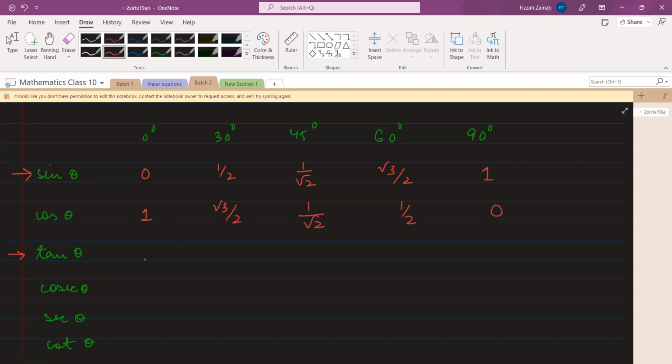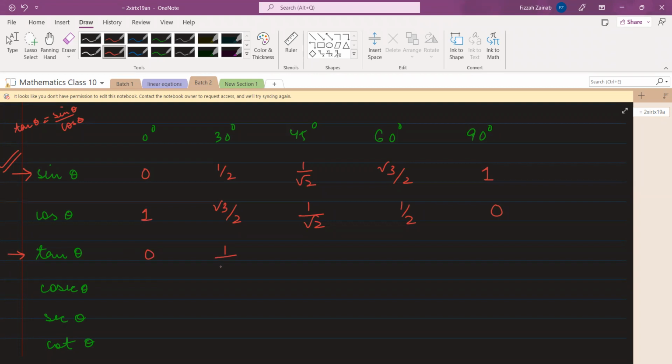Now again tan you have to remember. Which actually you don't have to, because tan theta is again sine theta by cos theta, right? Now if you know sine, you can find out the value of tan, but every time you cannot use the formula, so it's better to keep in mind. So tan 0 is 0.